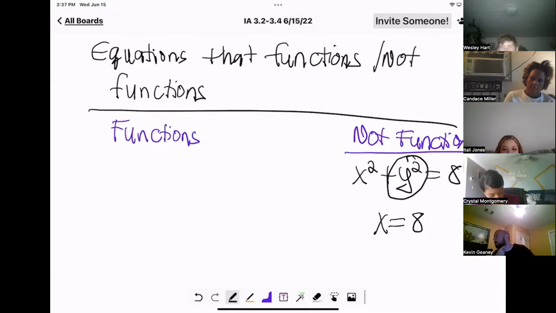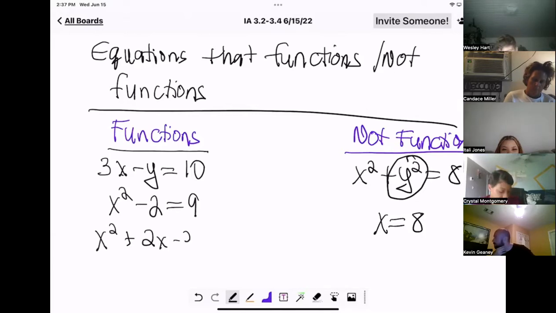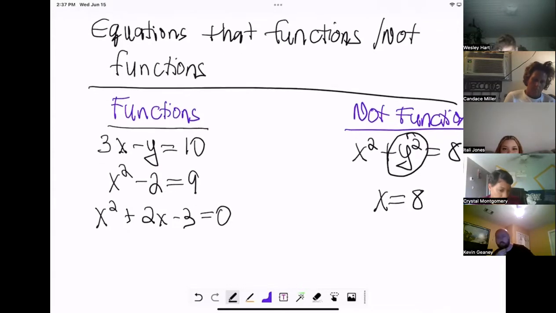And for what we're learning now, 3x minus y equals 10, that's a function. X squared minus 2 equals 9 is a function. X squared plus 2x minus 3, that's a function. I guess I should put it equals 0, function.